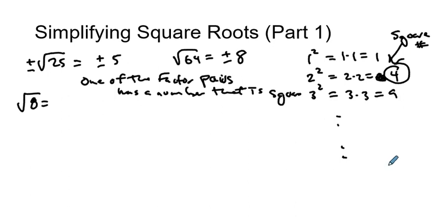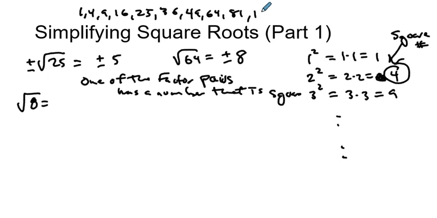If I list my square numbers, I've got 1, 4, 9, 16, 25, 36, 49, 64, 81, 100, and I'll stop there because I don't think we're going to need anything much higher. Those are my square numbers, right?